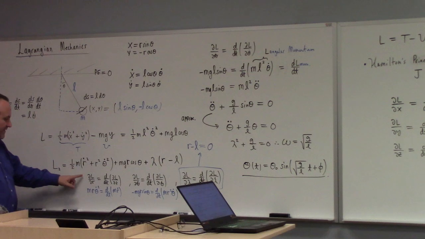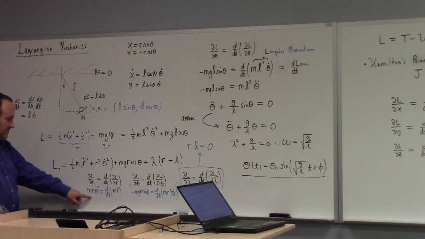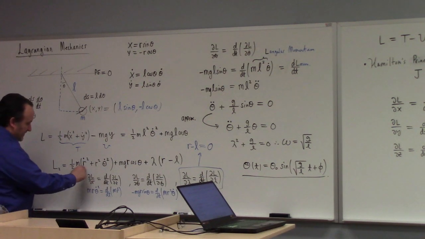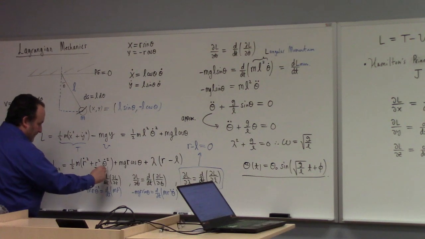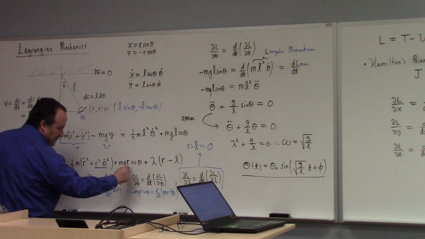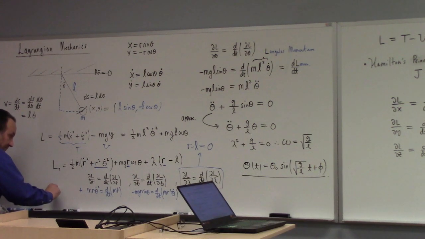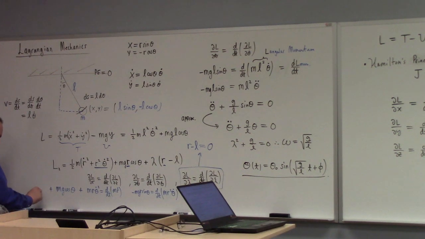What's partial L, partial r? It's not just this, is it? What else is there? There's more here, isn't there? That's just what comes from this piece. But there's also this one and that one, right? So I also have plus mg cosine theta and also plus lambda, right?